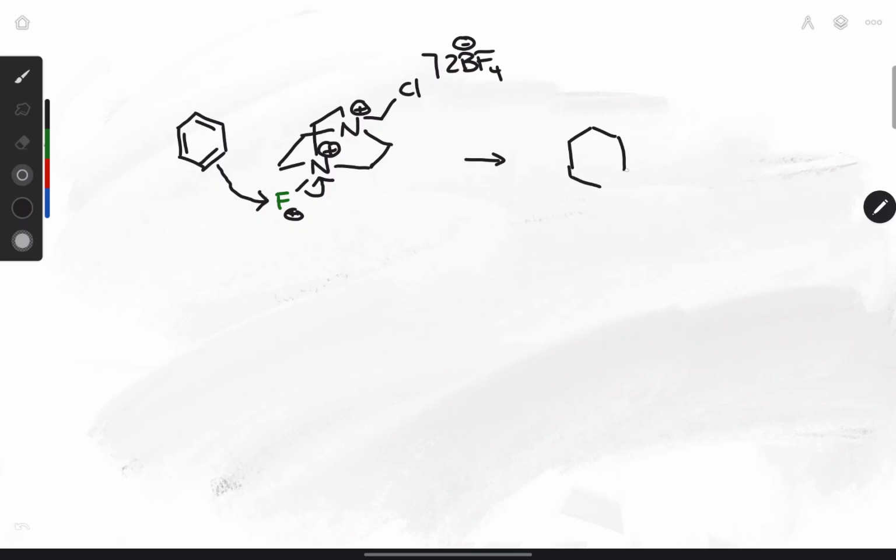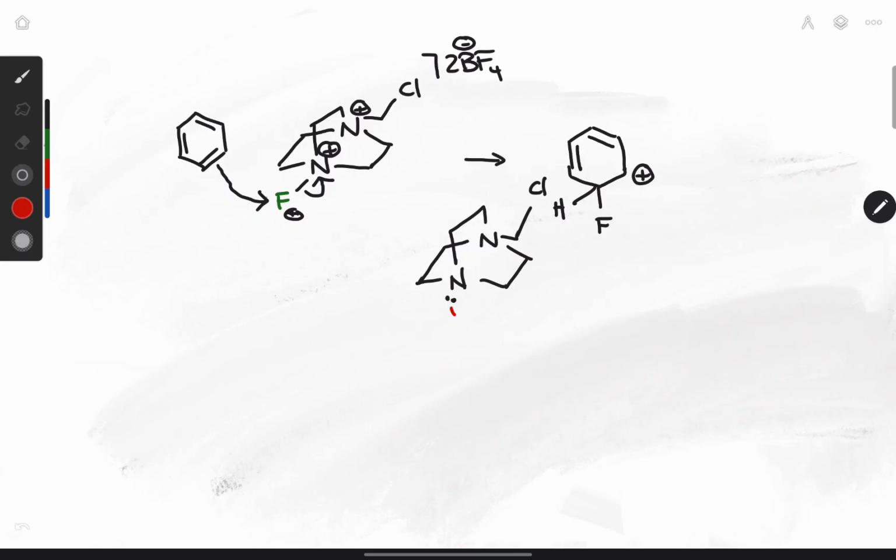Which allows this to form, positives right there, and that forms. Since we also have this proton here, which we don't draw in just for simplicity's sake, and as we can see, we get a lone pair on this nitrogen that's going to deprotonate this intermediate.